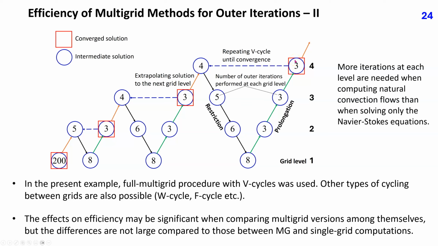Other types of cycling between grids are also possible, F cycle, W cycle, etc. The effects on efficiency may be significant when comparing multigrid versions among themselves, but the differences are not large compared to those between multigrid and single grid computations. As already mentioned, more iterations at each grid level are required when computing natural convection flows than when solving only the Navier-Stokes equations, approximately twice as many.